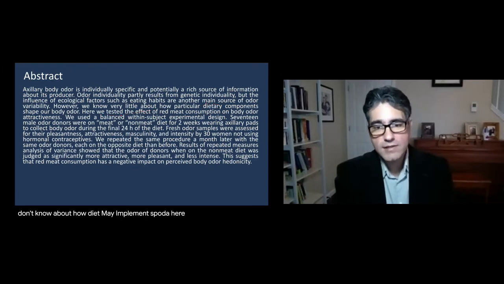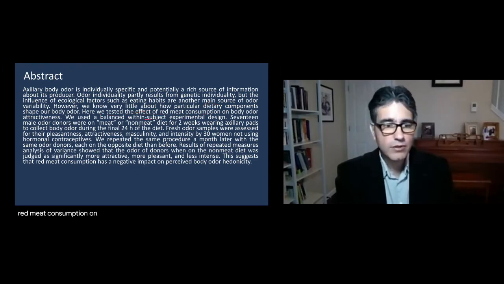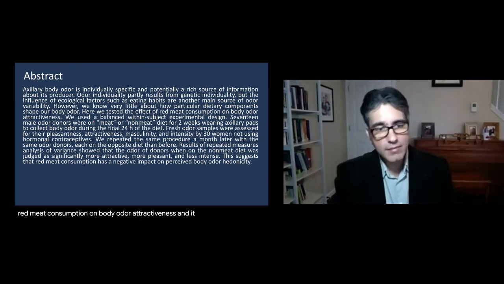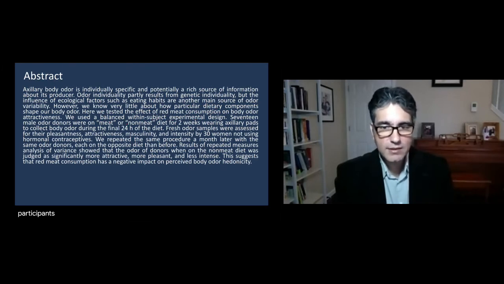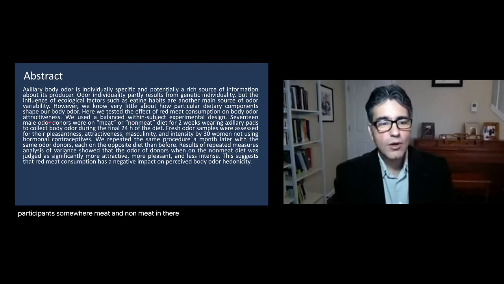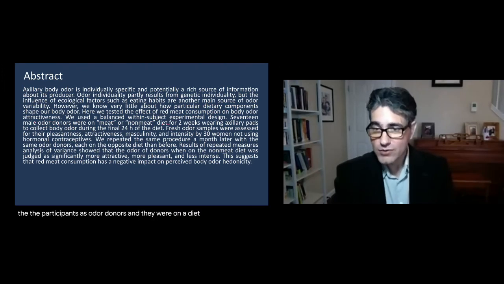Here, we tested the effect of red meat consumption on body odor attractiveness. When we talk about the method, they use a balanced within-subject experimental design. We talk about the participants, some were meat and non-meat, and they were called odor donors. You heard about blood donors. Here they talk about the participants as odor donors, and they were on a diet for 2 weeks.